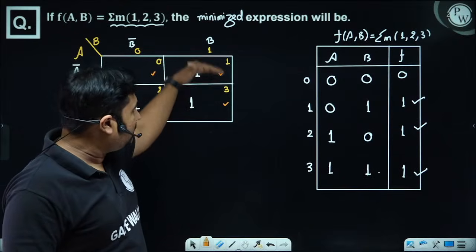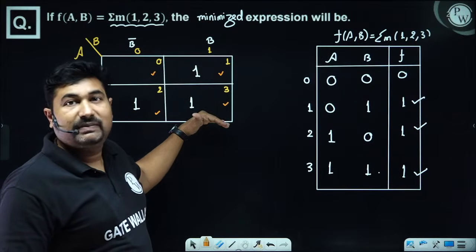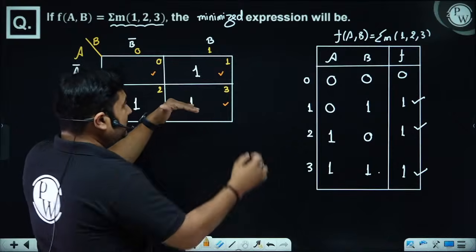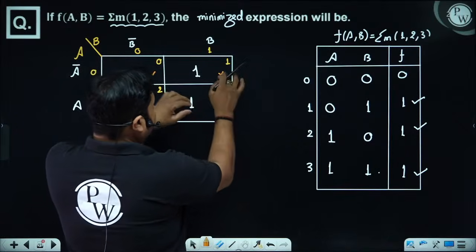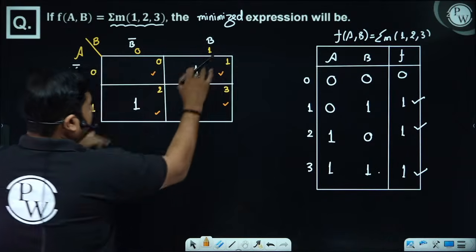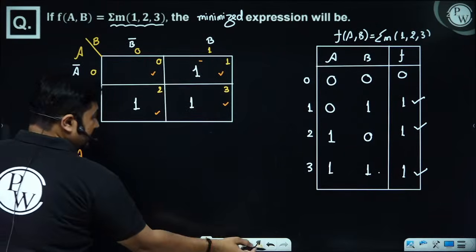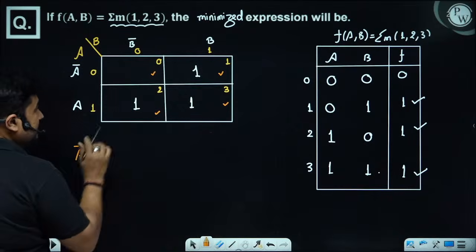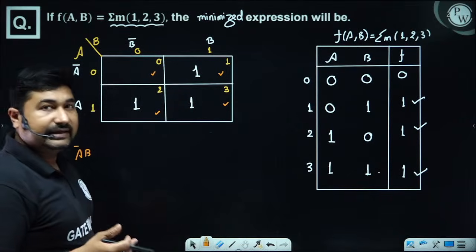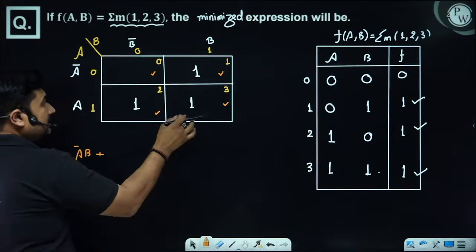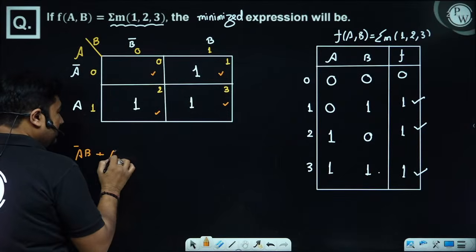If you observe these two, they will differ by only 1 bit. What does it mean? Here we have A bar B, this minterm is A bar B. This minterm is also called an implicant. And this is the minterm AB.